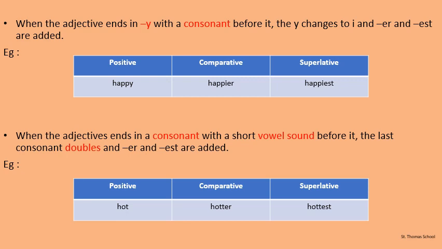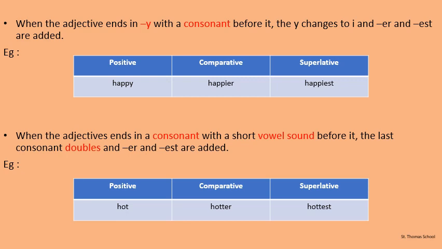So in this case you have to double the consonant. H-O-T, so you double the T: H-O-T-T-E-R for comparative degree.